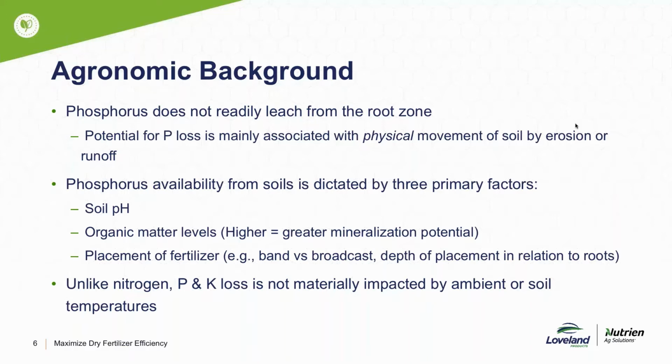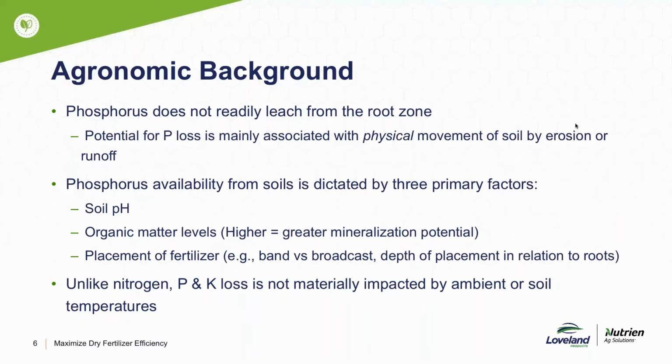And then there's some really key factors that also affect the availability of phosphorus in the soil. One being pH, whether you're above or below 6.5. If you're above 6.5 and you're in a calcareous situation with a lot of calcium, you're probably going to deal with calcium tie-up. If you're on the acidic side below 6.5, you're probably dealing with iron or aluminum tie-up.